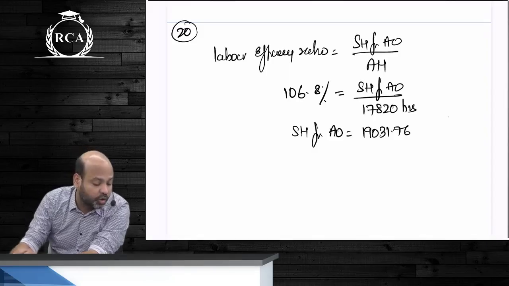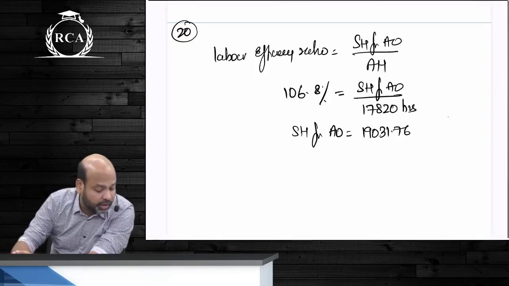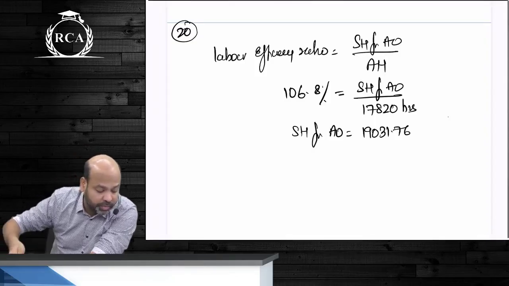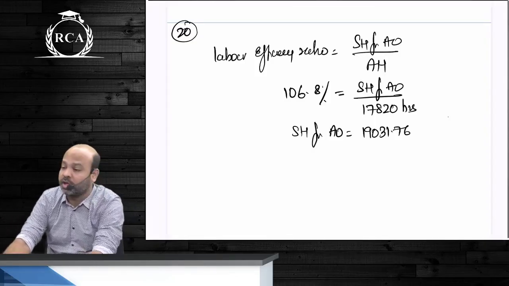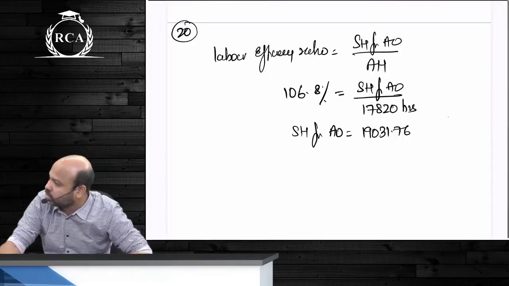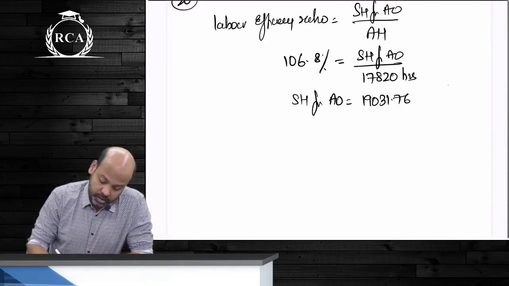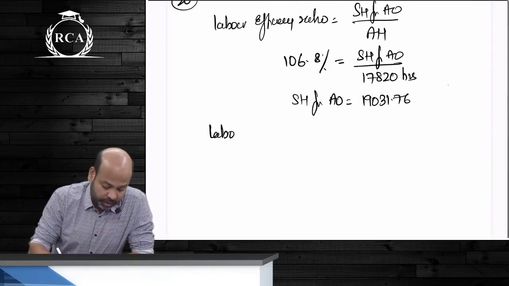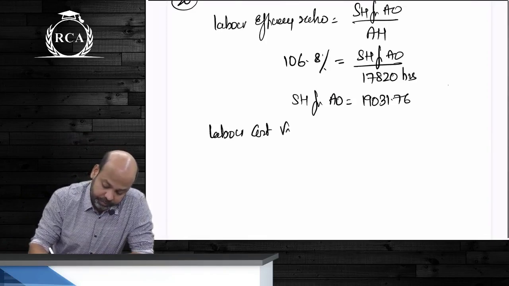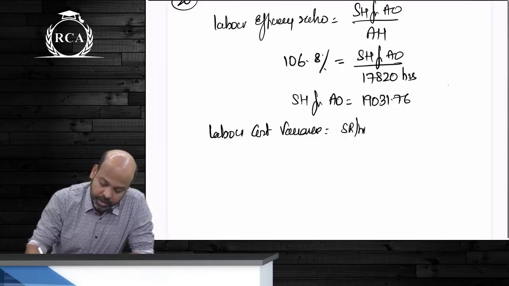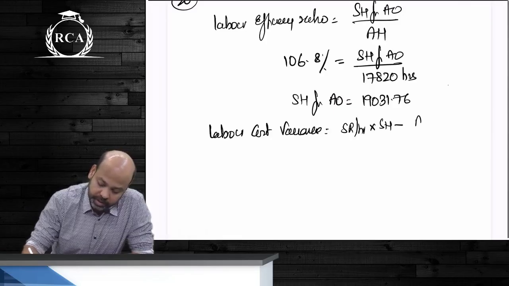Now you know, guys, your total standard rate per hour. And what else do we know? Actual hours worked. You can use labor cost variance to arrive at actual labor rate per hour. What's the formula for labor cost variance? Standard rate per hour multiplied by standard hours minus actual rate per hour into actual hours.